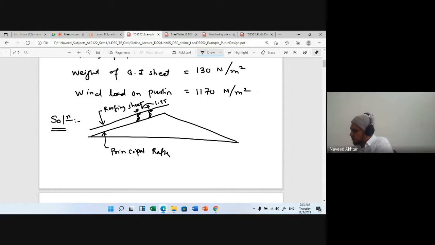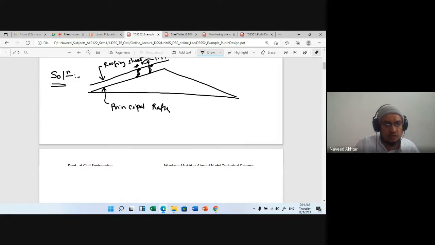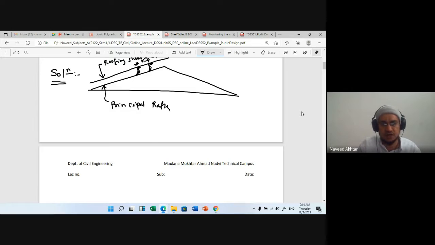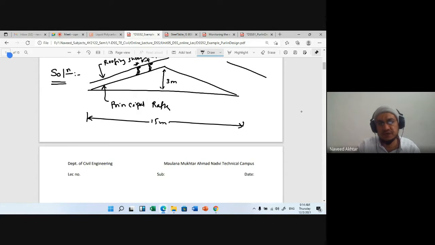So you have to design the angle purlin. The span of truss is 15 meter, the rise of your truss is given as 3 meter, and the spacing between two trusses is given as 3.5 meter, which gives the span of your purlin, because the purlin is running over the roof truss.